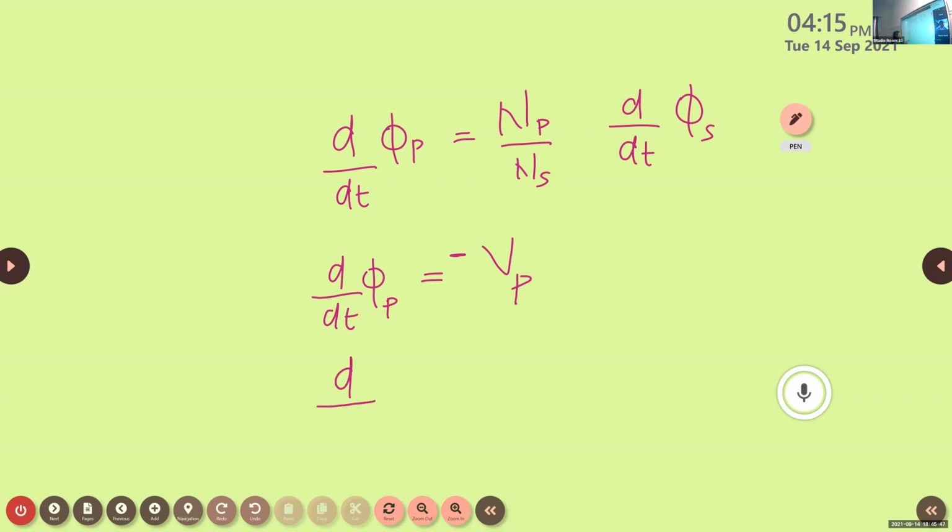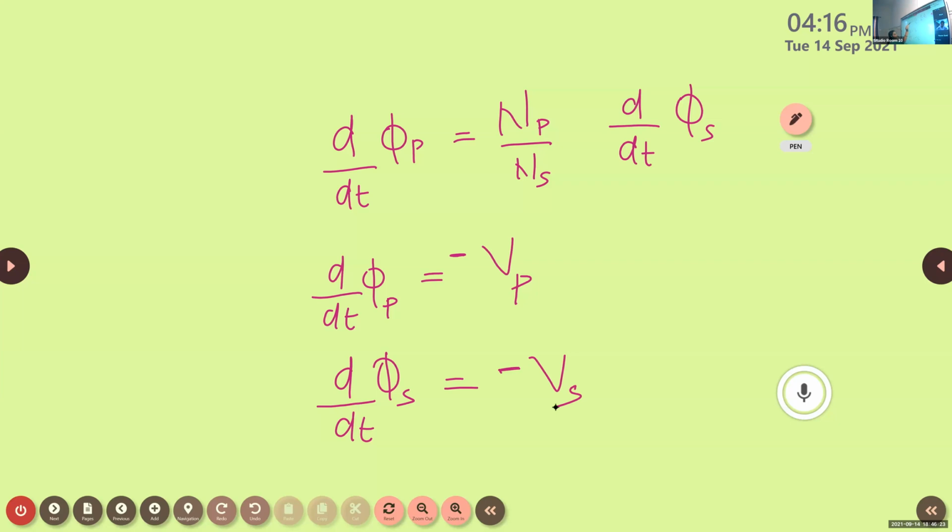Similarly, the rate of change of magnetic flux associated with the secondary coil, phi s, is given by the induced EMF in the secondary coil, negative Vs. So here we are applying Faraday's law of electromagnetic induction.